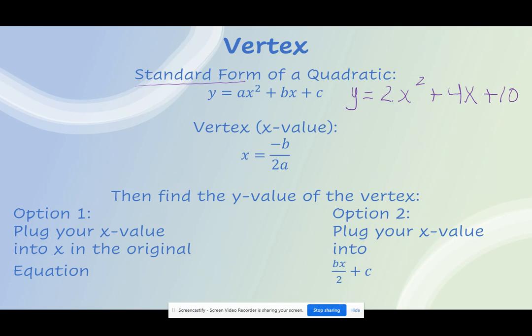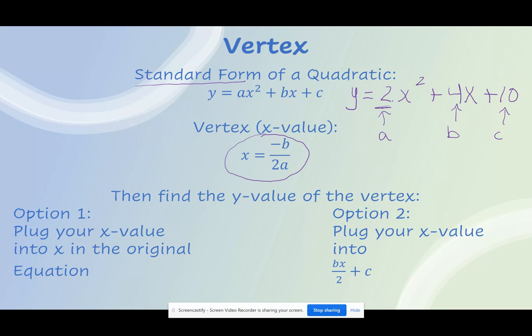There could be minus signs, or like this could be a 1, but pretty much the number in front of your x squared is your a, the number in front of your x is your b, and the number on the end is your c. So we're going to use that when we're looking at this equation.